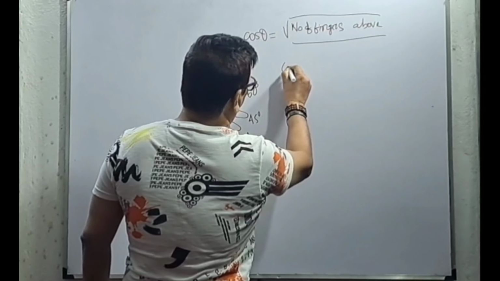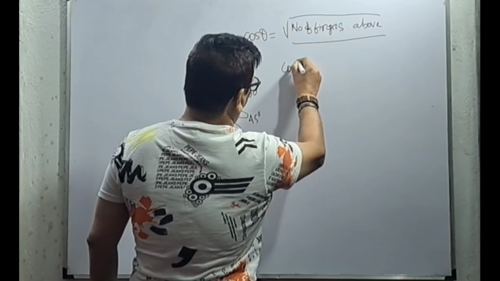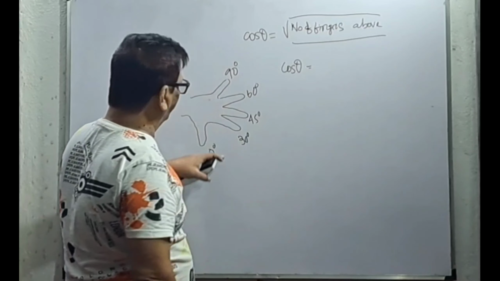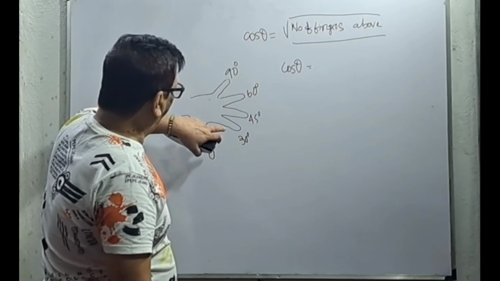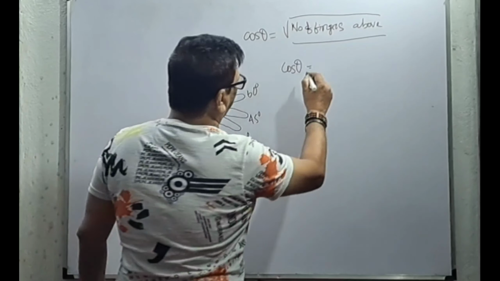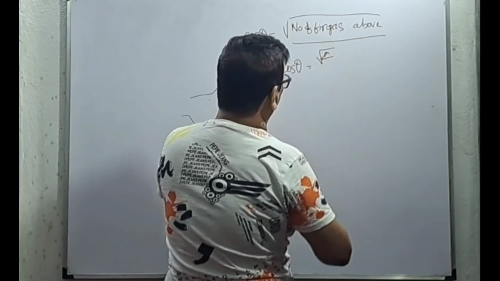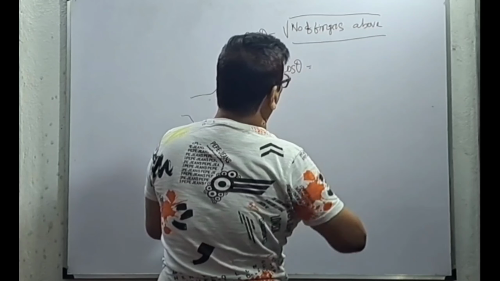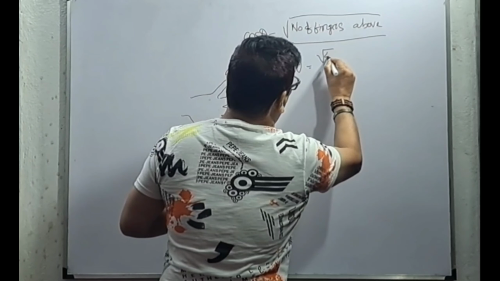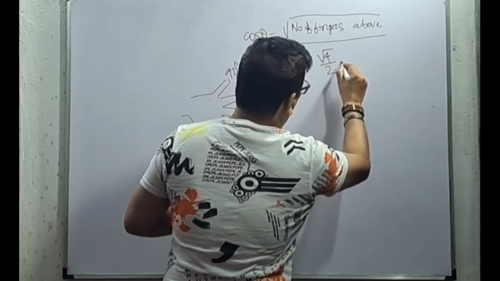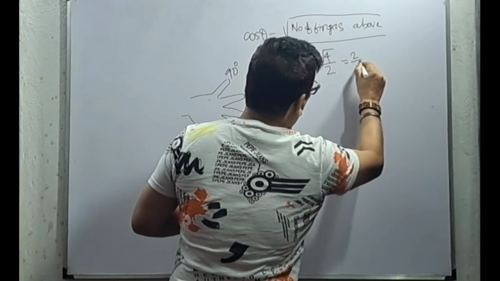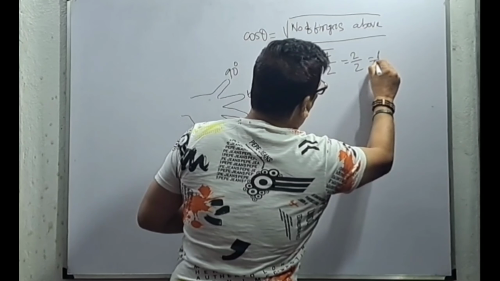So cos 0 will be equal to the number of fingers above: 1, 2, 3, 4. So square root of 4 divided by 2, that's 2 by 2, which is equal to 1.